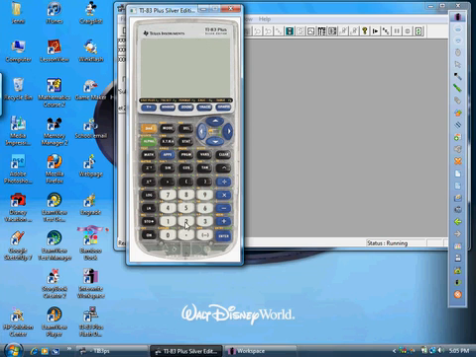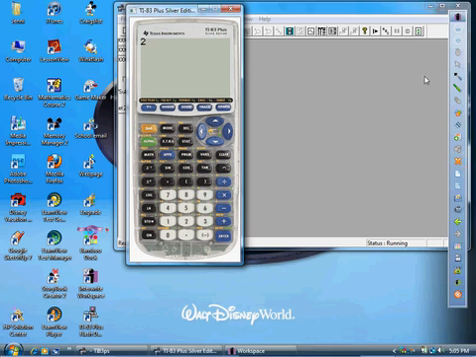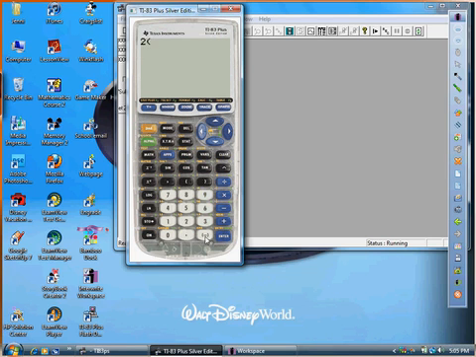Okay, so I'm just going to do 2 times -1 squared. Alright, now notice, I'm putting my -1 in parentheses, then I'm squaring it. That's very important. If you do not do that, you will get wrong answers.